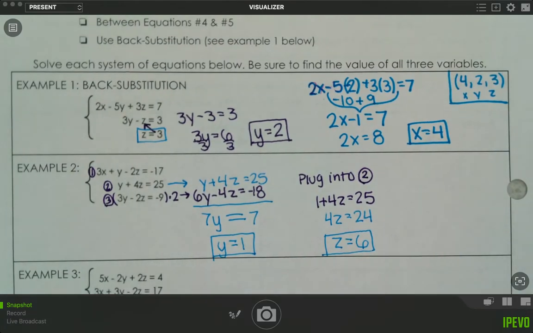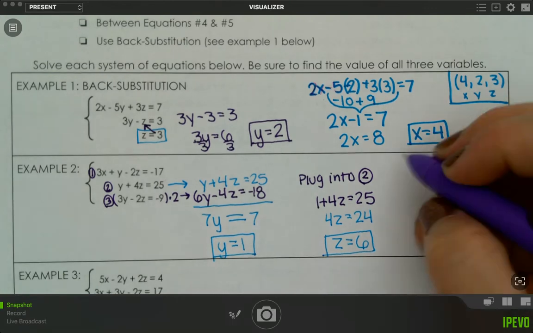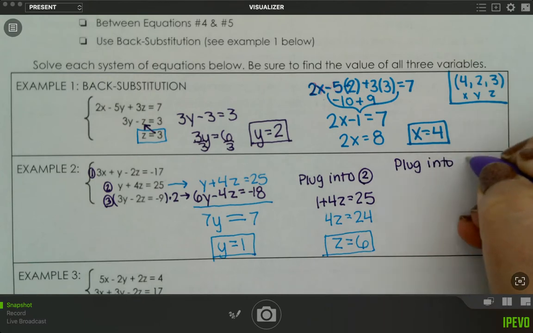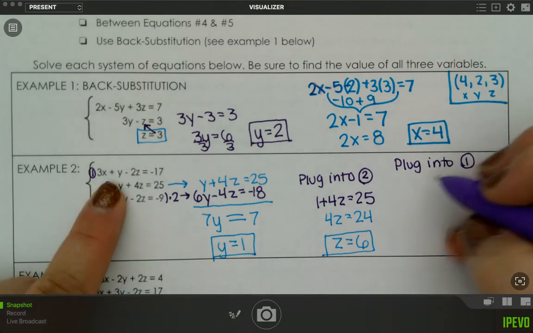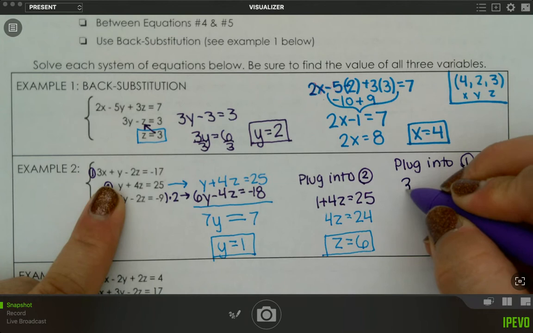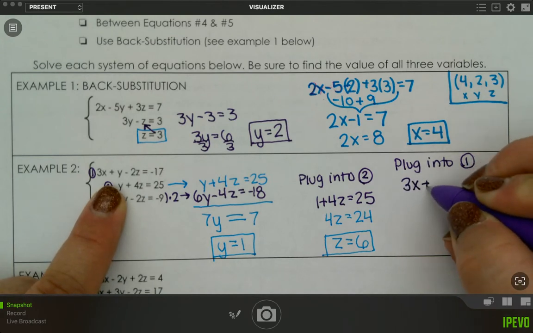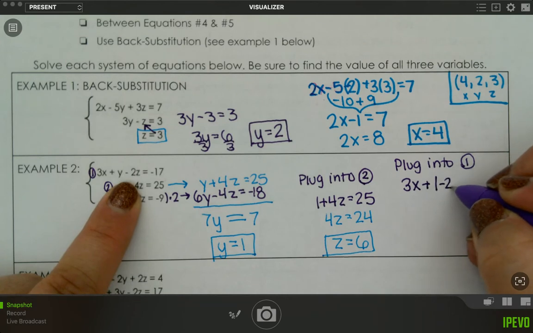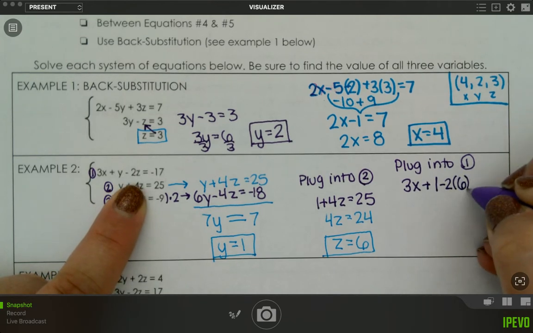All right, now we just need to find x, which is where we're going to plug them into equation number 1. So 3x plus, instead of y, I'm going to put in a 1, minus 2, instead of z, I'm going to put in a 6, equals negative 17.